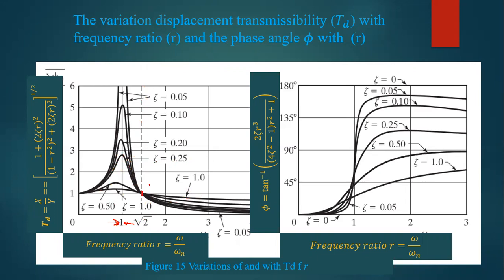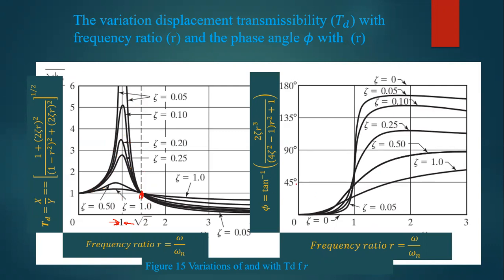As we have seen for the quality factor and the bandwidth, this is the point where all of these graphs intersect each other. Okay.